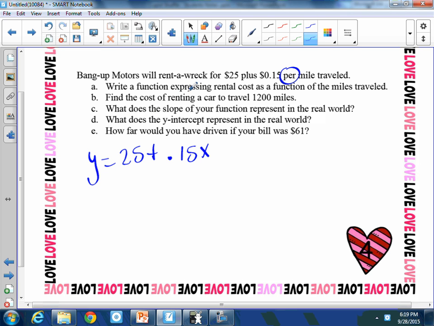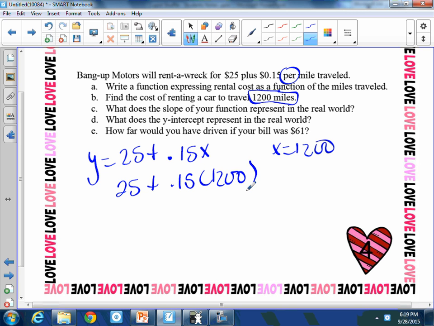We already did it. Find the cost of renting a car to travel 1,200 miles. That means that x equals 1,200. So we're going to come over here and plug it in. 0.15 times 1,200. So you grab your calculator and you say 25 plus 0.15 times 1,200, and you get that that's 205.